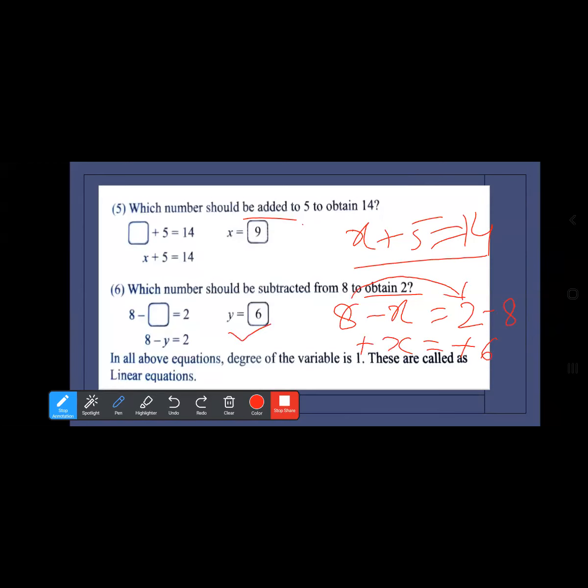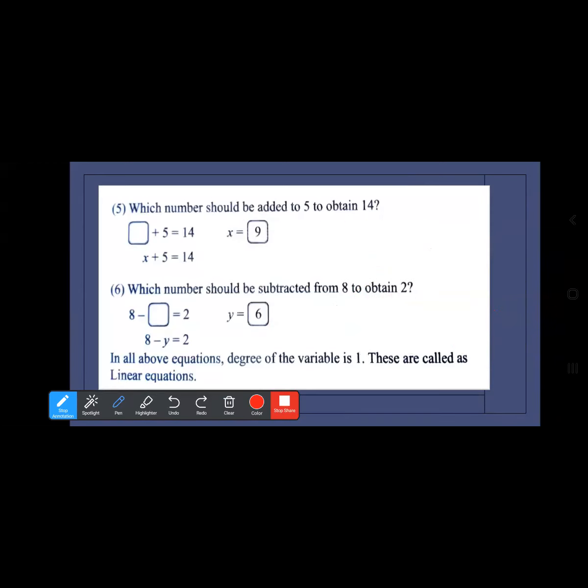6. Okay. So in all these 6 examples, you can see the degree of each and every variable over here is 1. And hence all these equations are called what? Linear equations.